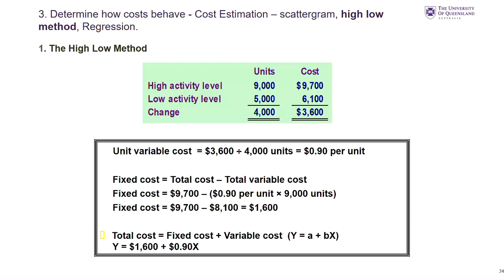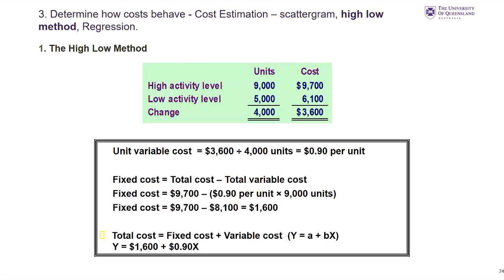That's the slope of your line. Then we know we have to choose whether we're going to use the high level of activity information or the low level of activity information. Often people get mixed up and choose one of each. Don't do that.